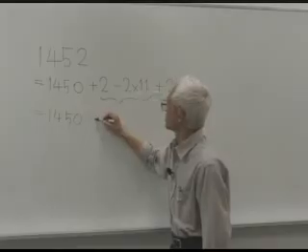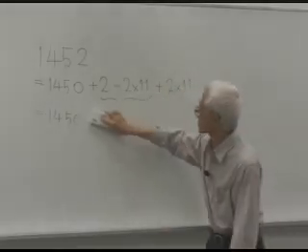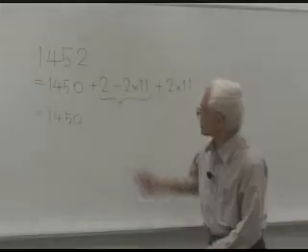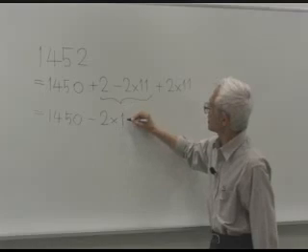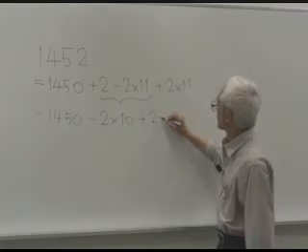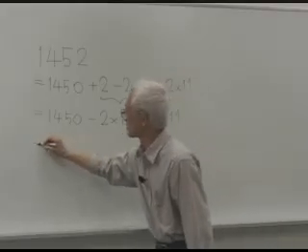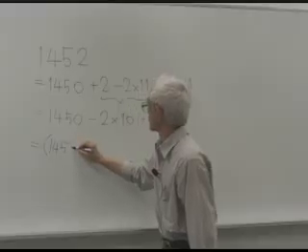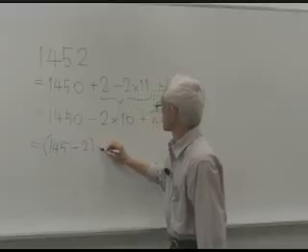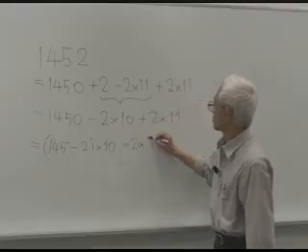So this will be plus, oh sorry, this is minus 2 times, plus 2 times 11. As you can see, there is a 10 here. So I have 145 minus 2 times 10 and plus 2 times 11.